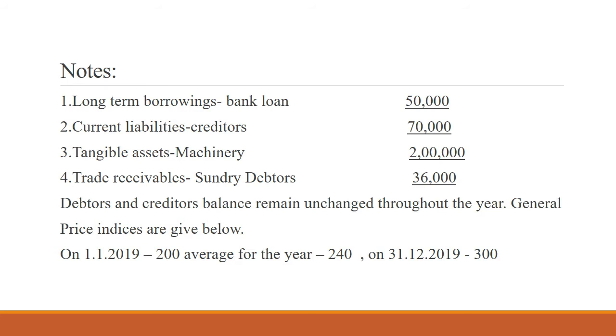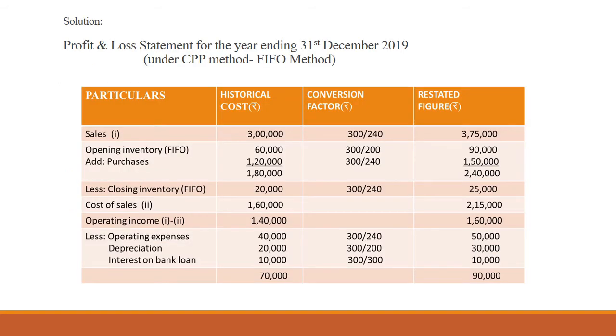Now moving on to the answer part. Solution: Profit and loss statement for the year ending 31st December 2019 under the CPP method, following the FIFO method. There are four columns: particulars, historical cost, conversion factor, and restated figure.